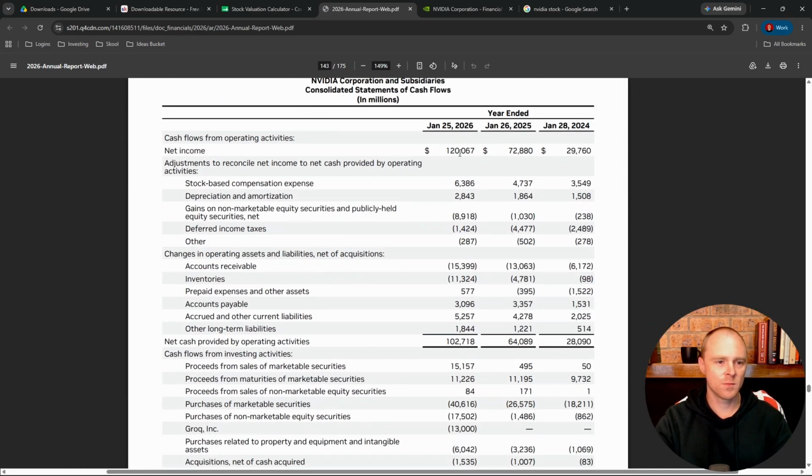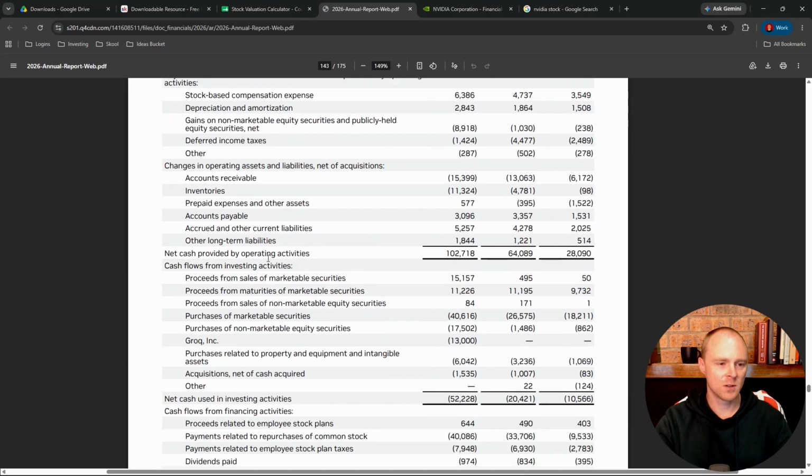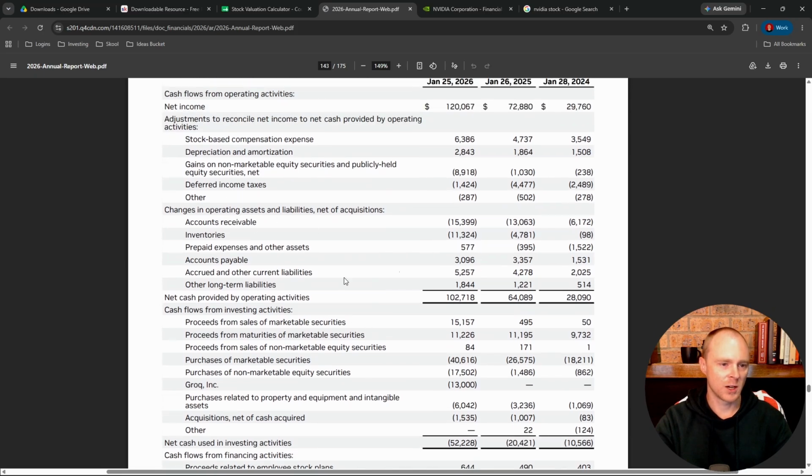We've got net income that was on the income statement, and our first portion here is usually operating activities. At the bottom of that section, we get net cash provided by operating activities, so we get this 102,718. That's one of the figures. What we also need is those capital expenditures, so we're looking for things like this one, purchases related to property and equipment and intangible assets.